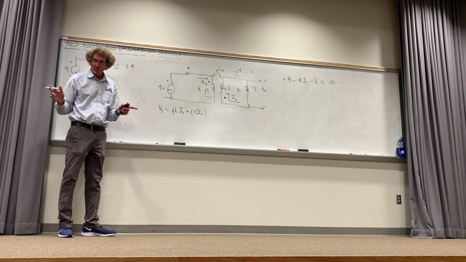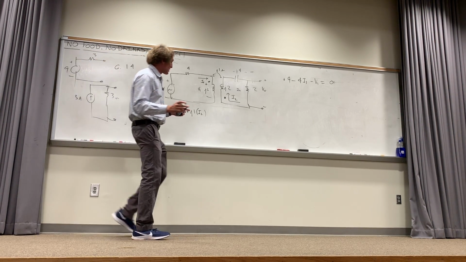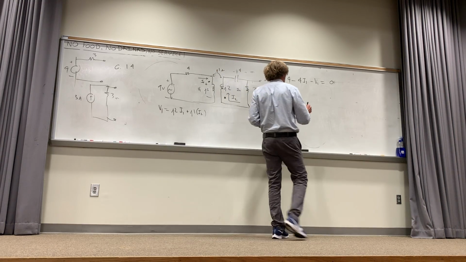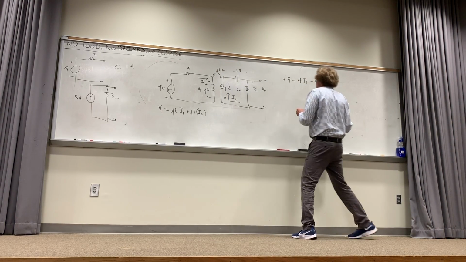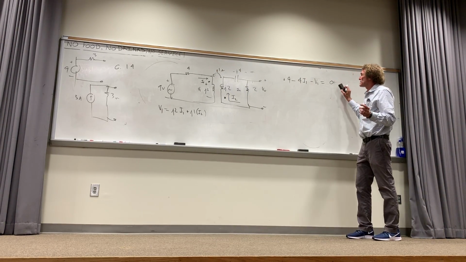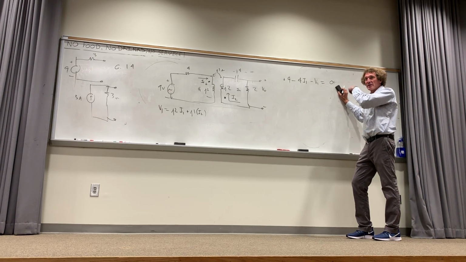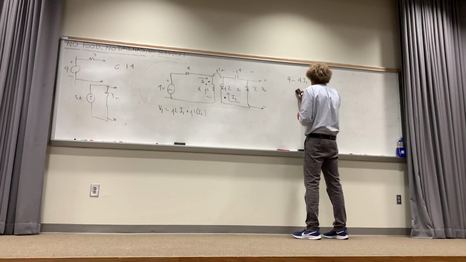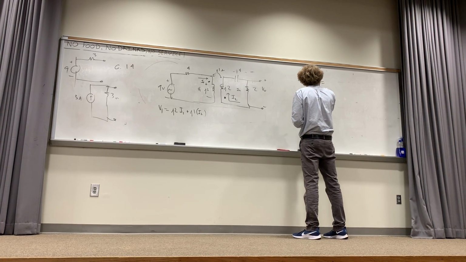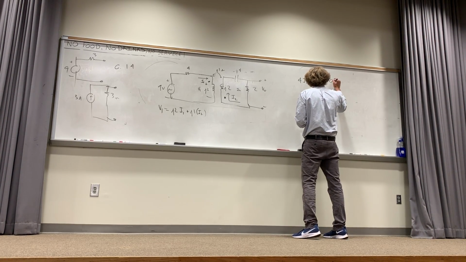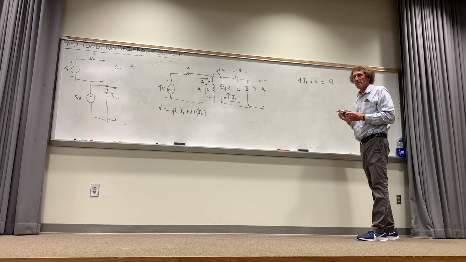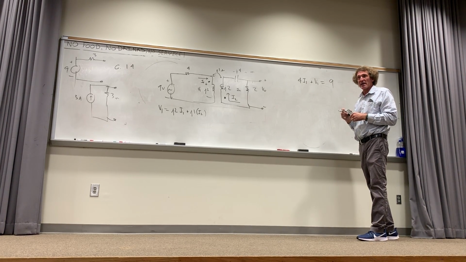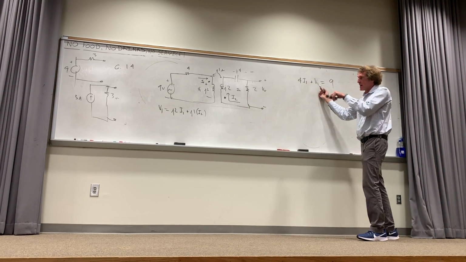All right. Now we're going to go ahead and put that in there. So I have, and by the way, what I'm going to do here, if you all don't mind, I'll take 9 to the other side, make it minus 9, and get rid of the negative sign, okay? So when I do that, I get 9 on that side. Everybody agree with that? I just moved 9. Now I'm going to replace V1 with that.